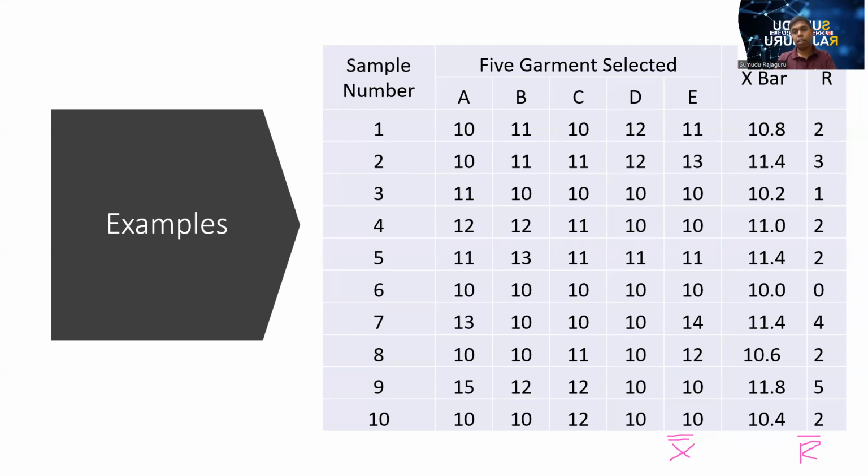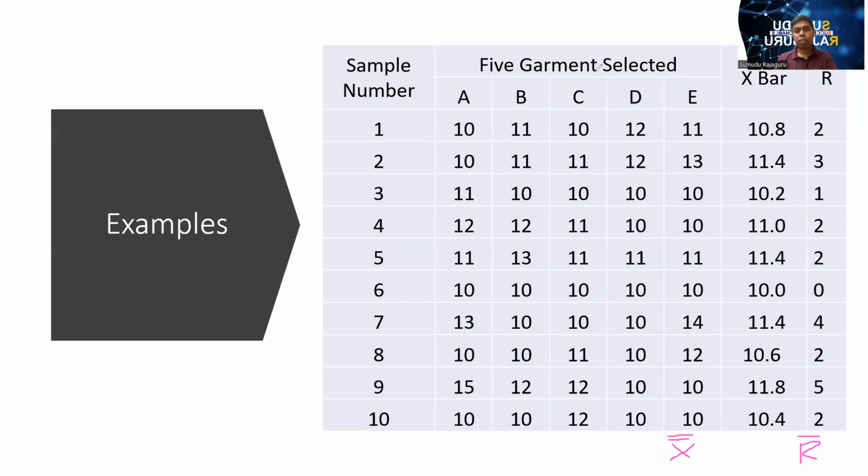When we draw the X chart, we take the center line as X double bar. That means we add all these X bar values and divide by the number of samples, 10. Then we get the X double bar. For R bar, we calculate the ranges, add all the range values, and divide by 10. Then we get the R bar.